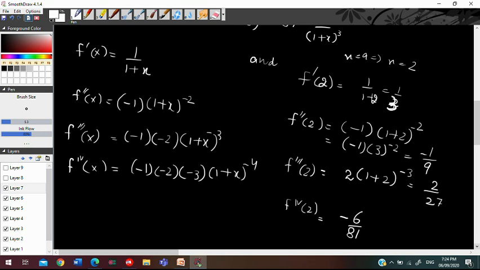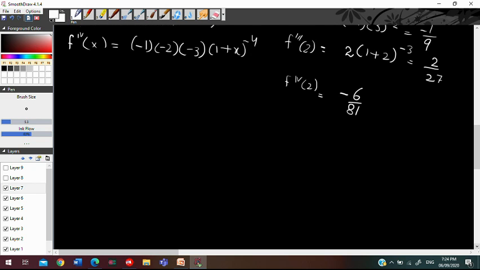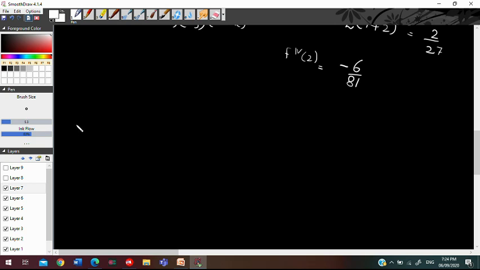Okay, now we substitute all values in our Taylor series expansion.